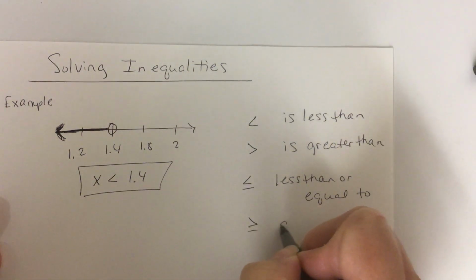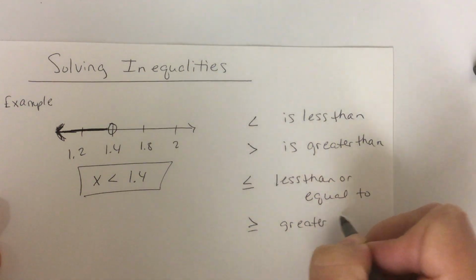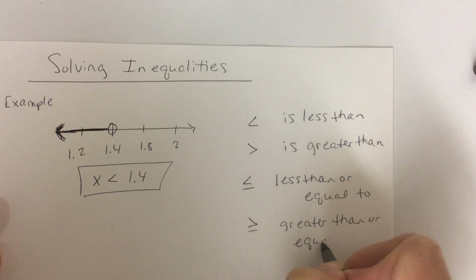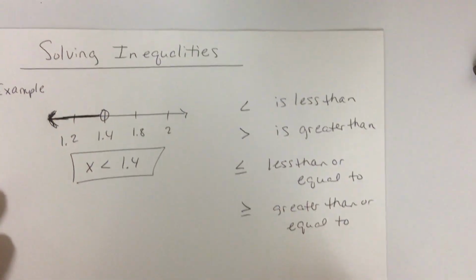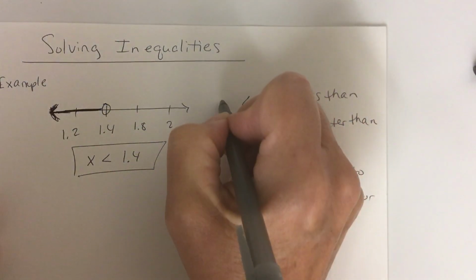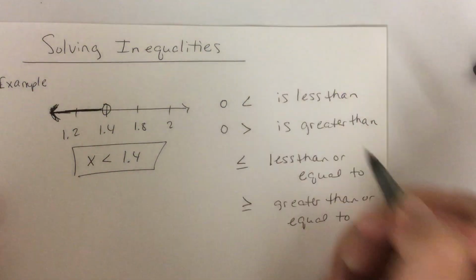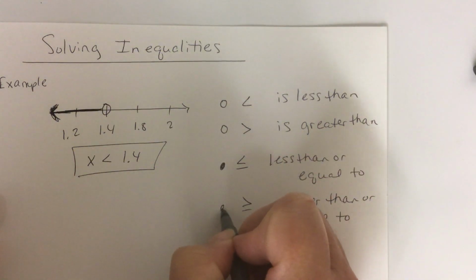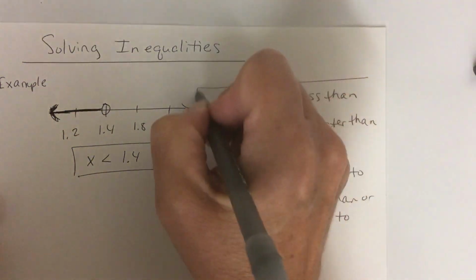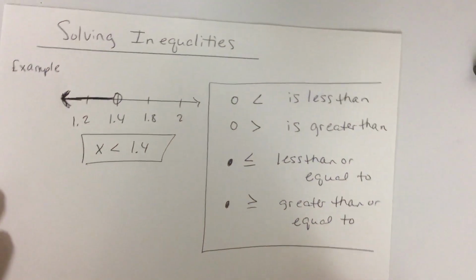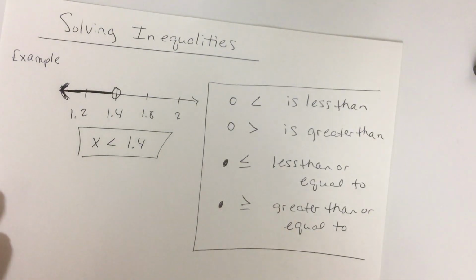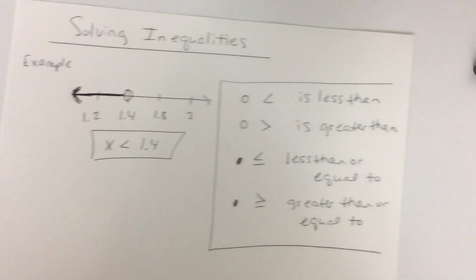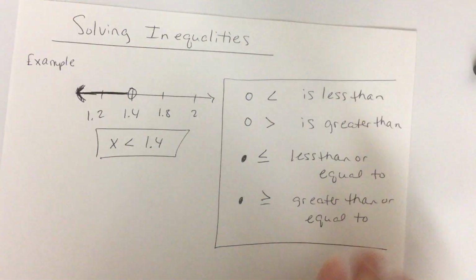This means greater than or equal to. Okay? These will be represented with open circles. These will be represented with closed dots. So those things you need to memorize. Okay, so I would write that down, put it in your notebook, put it somewhere where it's handy so that as you're doing homework, you can go back and look at those.